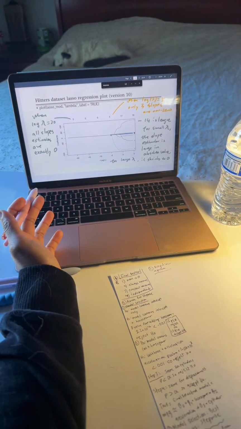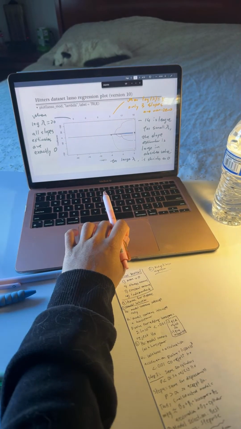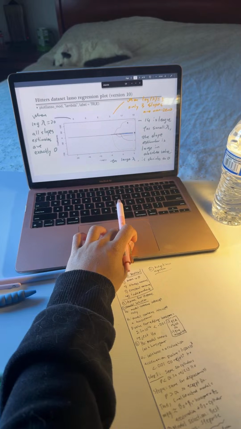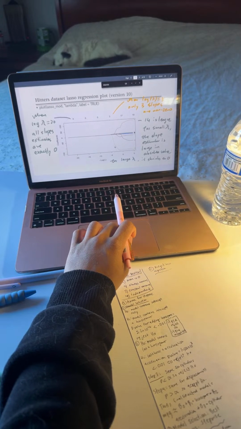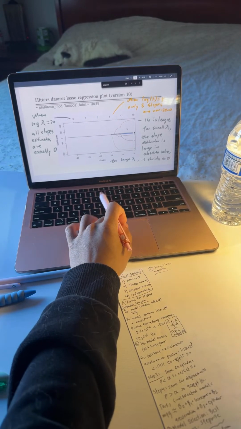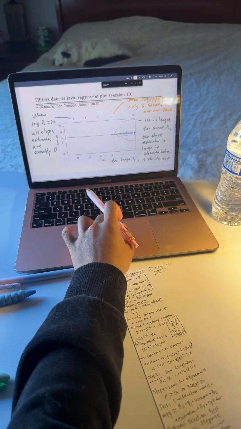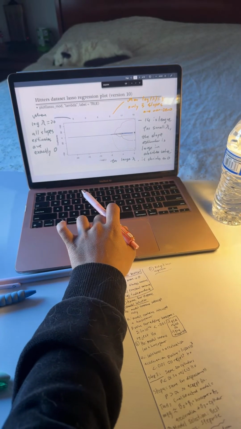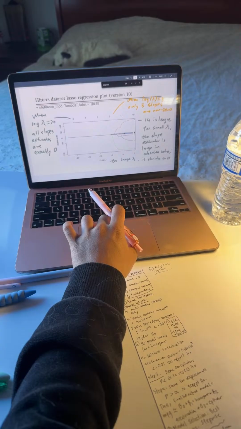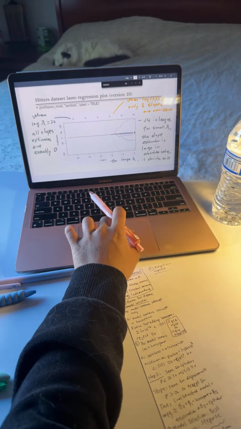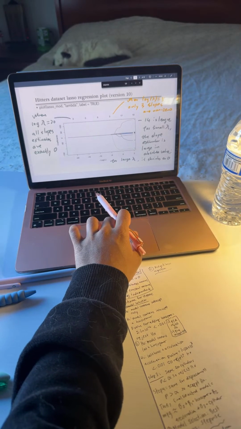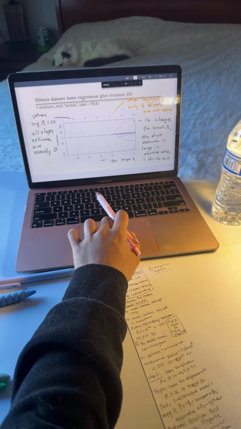What 3 slopes? There's only 1 slope that's not 0. Everything else is 3 slopes. Oh, okay, so if you look closer, it's probably like this one, but 14 is large for small lambda.